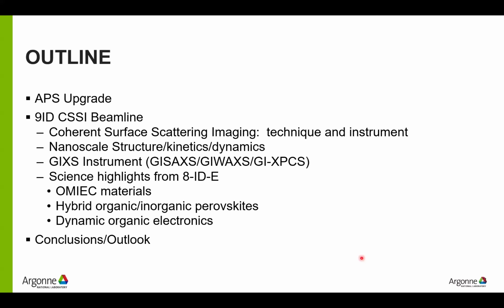So I'll tell you a little bit about that technique and the instrument just briefly, and then focus on the program in nanoscale structure, kinetics, and dynamics that we also host at 9ID, and then the grazing-incidence X-ray scattering instrument, and the details of that. And then I'll tell you about science highlights from the 8IDE user community, and in particular in these areas before I conclude.